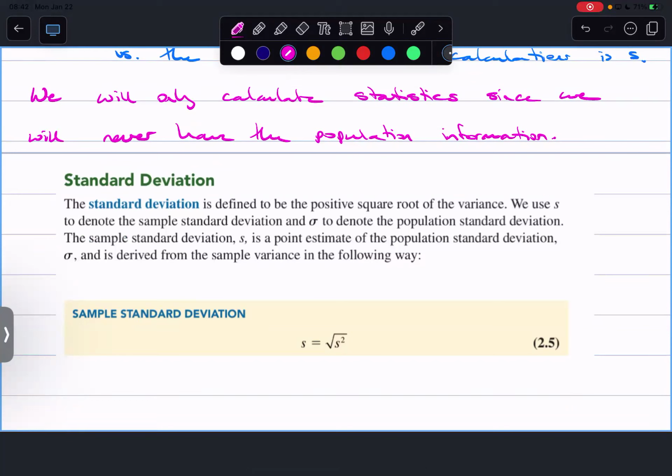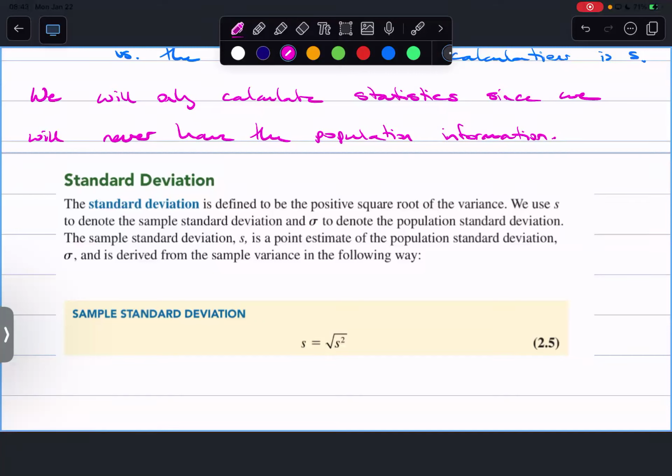Usually what happens is, as we're starting out, we use the standard deviation as our measure of spread, like I highlighted in the beginning. But as you progress through statistics, you start using the variance.